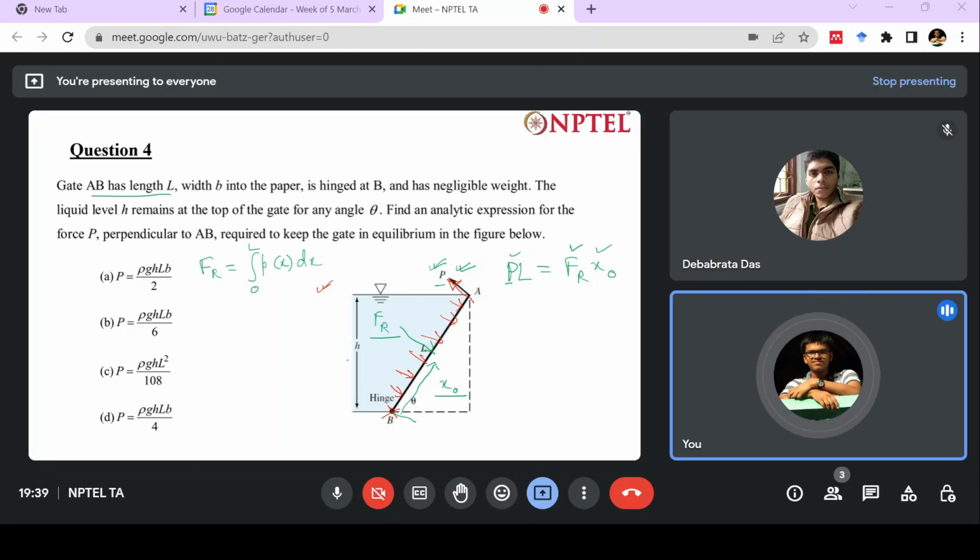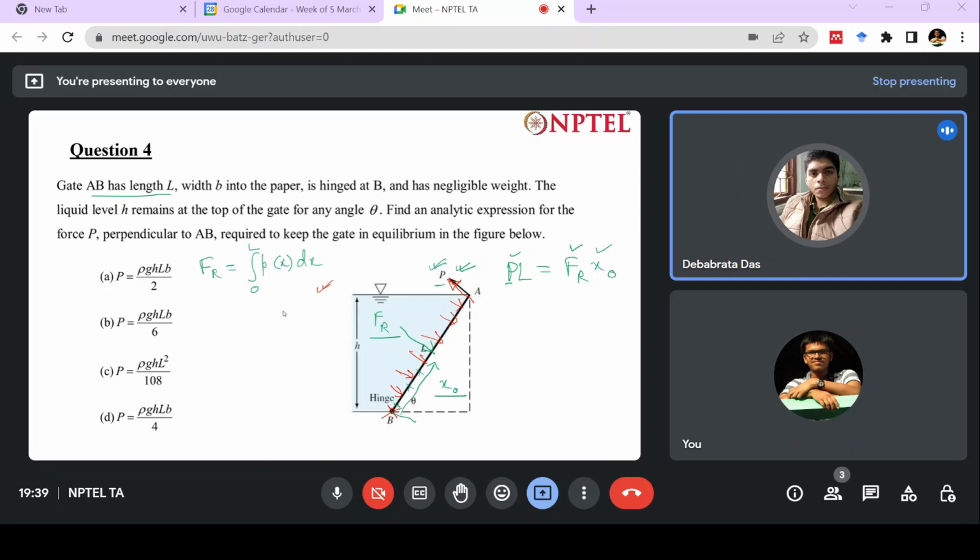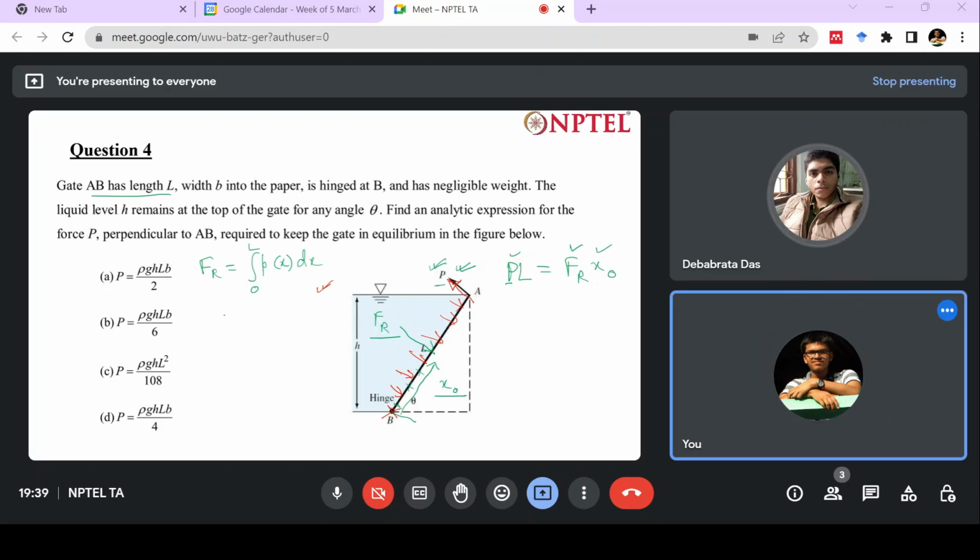Obviously the pressure varies from point to point. At every particular point, pressure is varying, so you have to find the total pressure. So what is p of x?